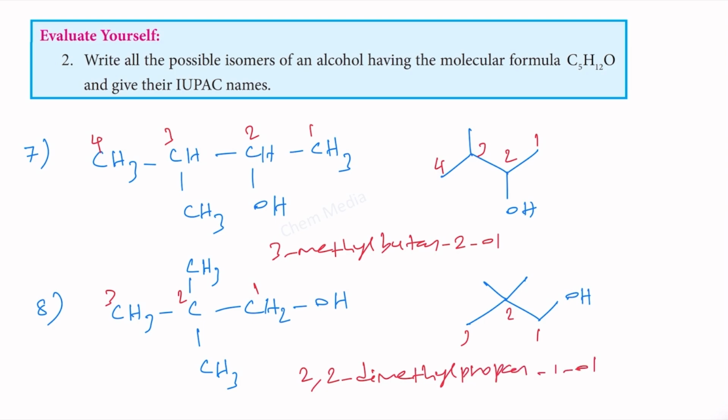The reason we did not put both the methyl groups at one position is because that would be a repetition of 2-methyl-butane 2-ol. This is something you need to keep in mind. So these are the 8 isomers that are possible for C5H12O containing an alcohol functional group.